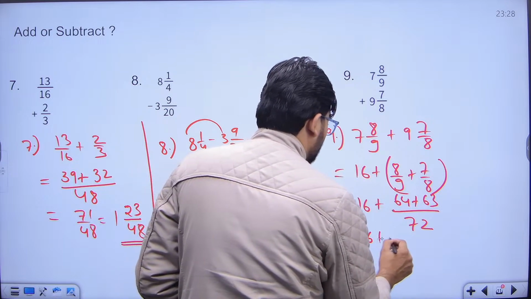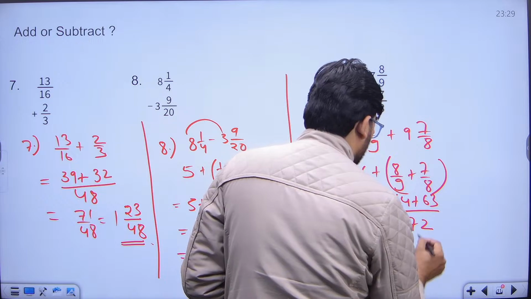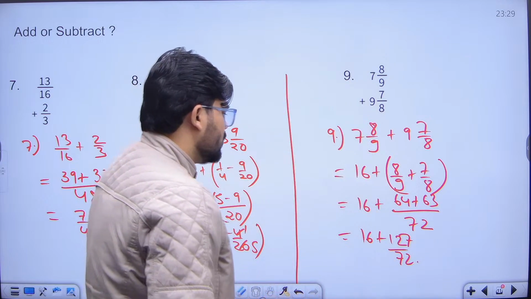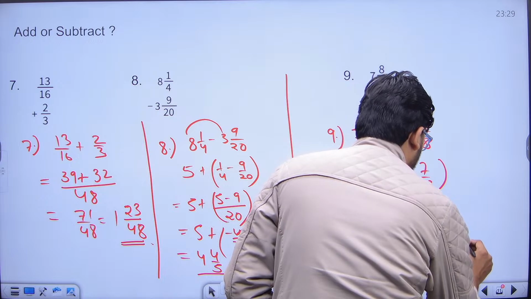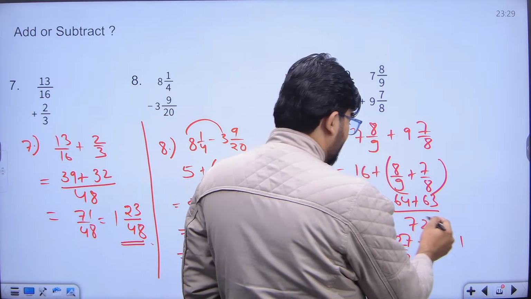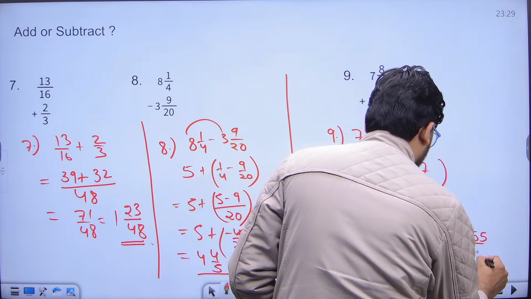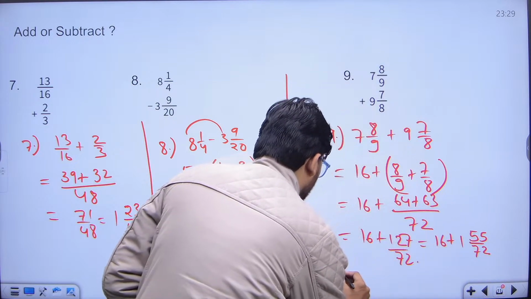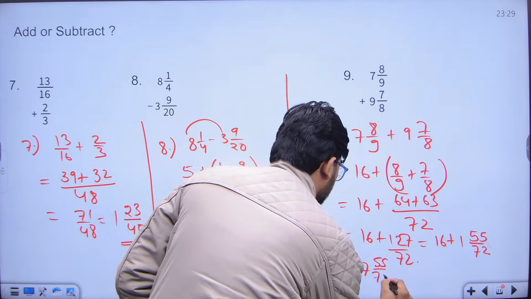So we have 16 plus 64 plus 63 is 127 by 72. So we can further write it as 16 plus 1, 72 into 1 is 72, and 55 by 72. So the final answer is going to be 17 55 by 72.